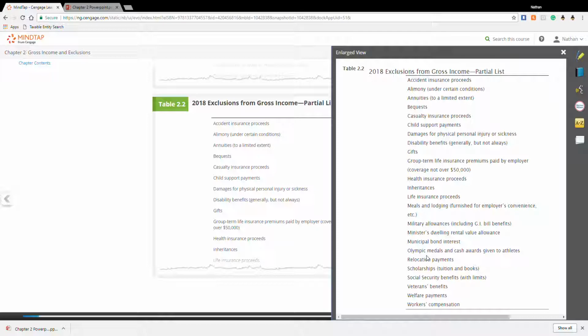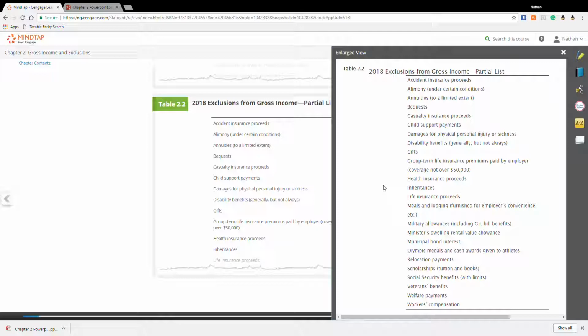So if you decide to go into the Olympics, you don't have to include that in your gross income. Yay! No paying taxes for representing the country. Booyah! Social Security benefits within their limits. Scholarships, that's a big one. And there's a few. You can definitely read this list.